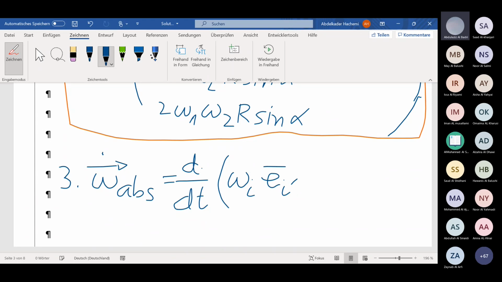It means it belongs to this coordinate system.